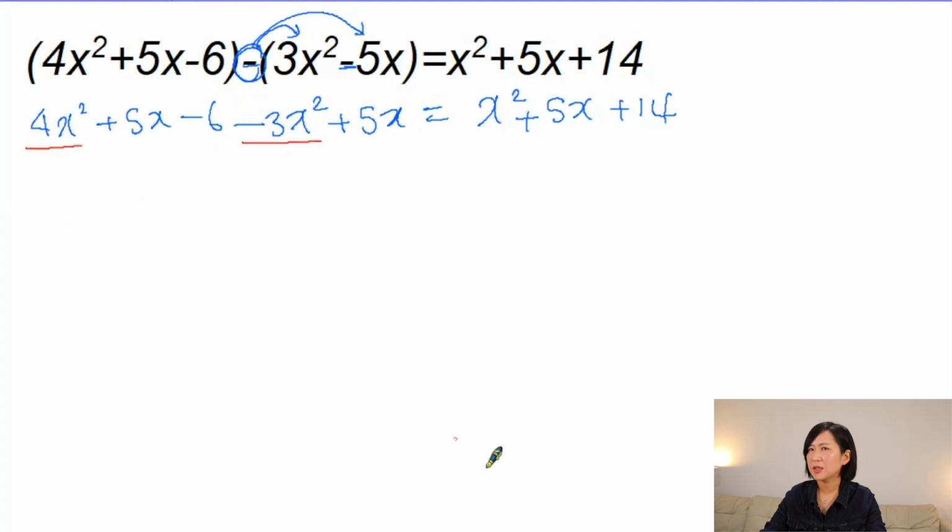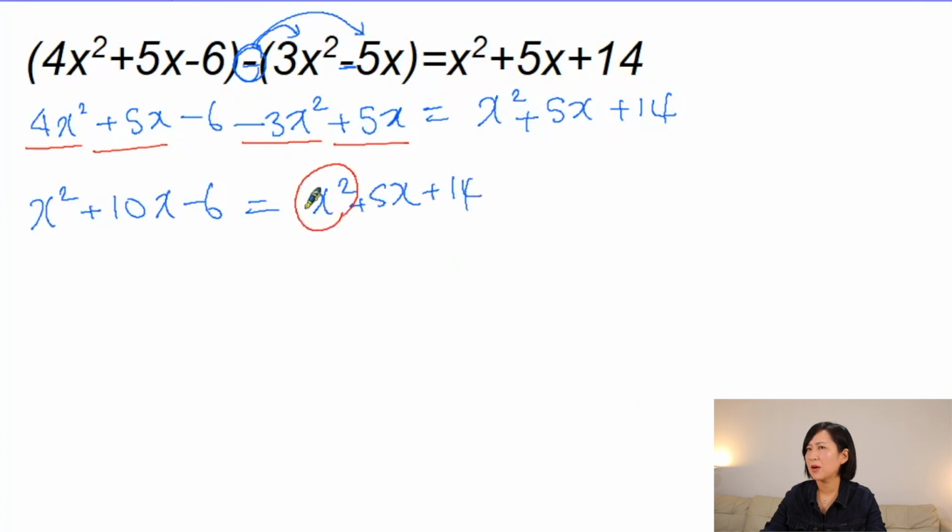So let's collect the like terms. 4x squared minus 3x squared is x squared, right? Then plus 5x and 5x adding together is 10x. Then you've got a minus 6 here. Then on the other side, we can't see any like terms, just copy down.